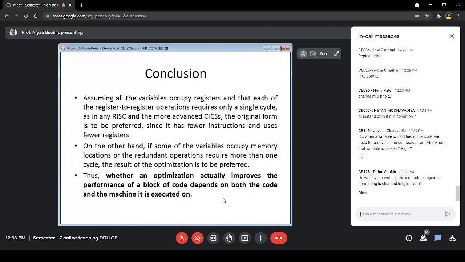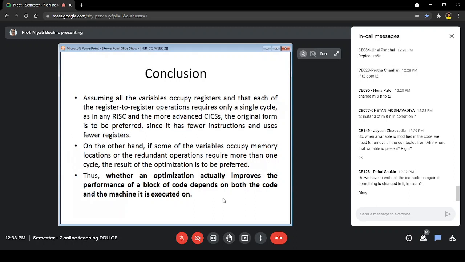Now there is some technical conclusion that can be made regarding this whole thing that we have done. Statistically, we have seen what numbers changed for the number of variables, number of instructions, and number of operations.